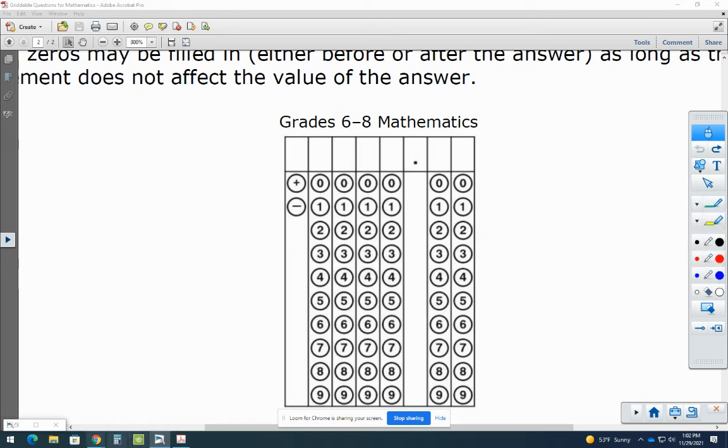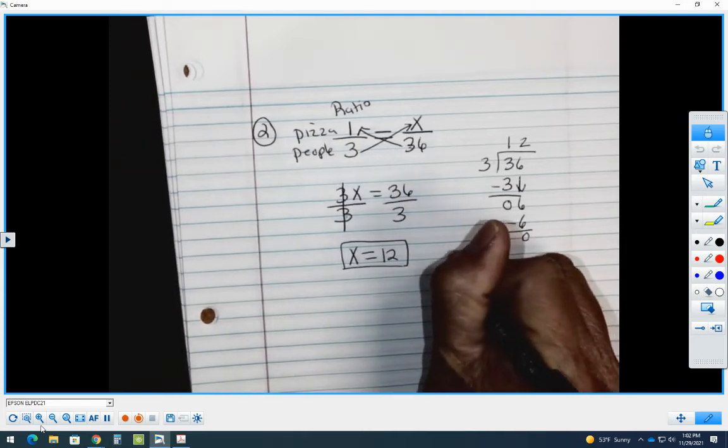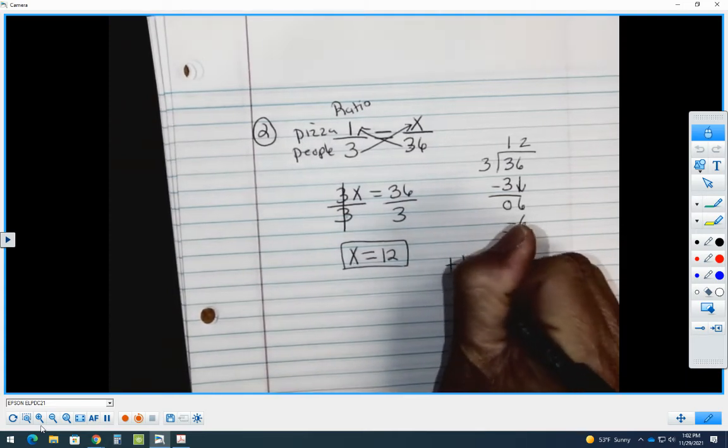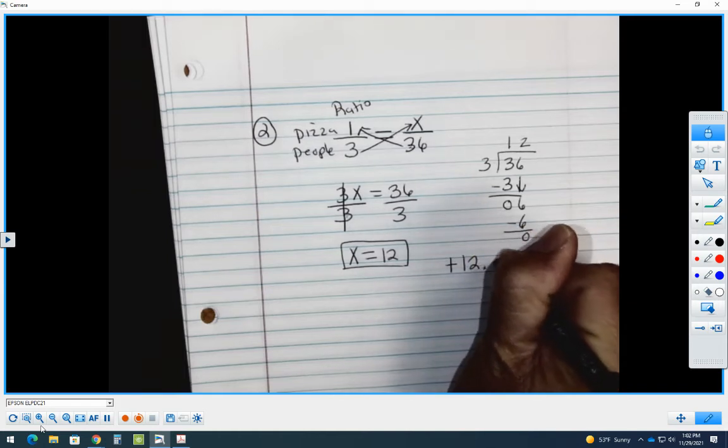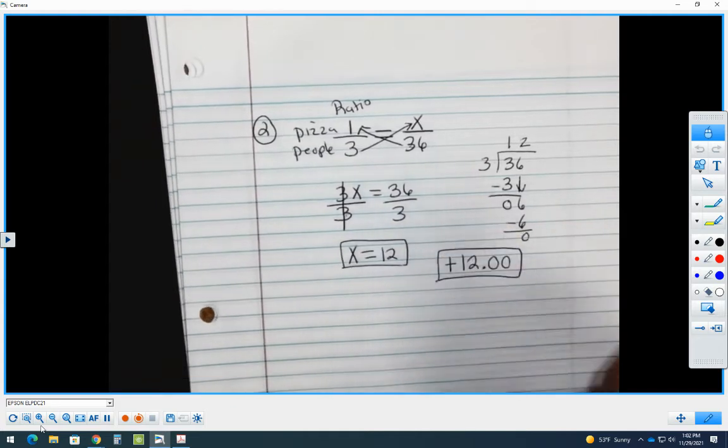So what I told you to do is that once you have an answer like 12, I want you to quickly say, okay, this is a positive 12, and make it like money, 12.00. The reason I do that is so you're able to transfer it correctly this time.